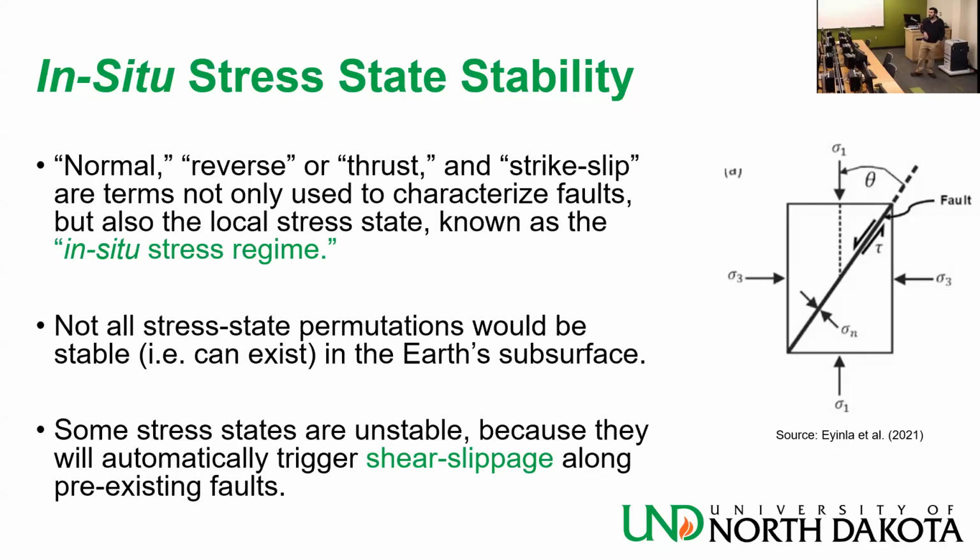That means if I have a fault under those specific conditions, I will automatically have an earthquake because the fault will move under those conditions. So I can say these hypothetical conditions cannot really exist because it would be an unstable situation. This is what I will try to discuss quantitatively.